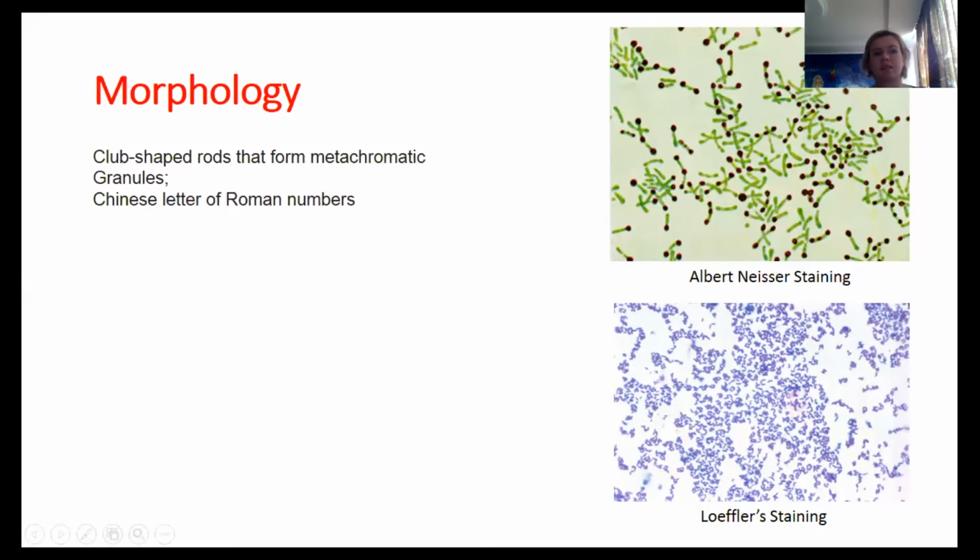You can see this club-shaped form, which happens because this bacteria undergoes incomplete binary fission. Next, Loeffler staining, you can see the V form of this bacteria in the smear.